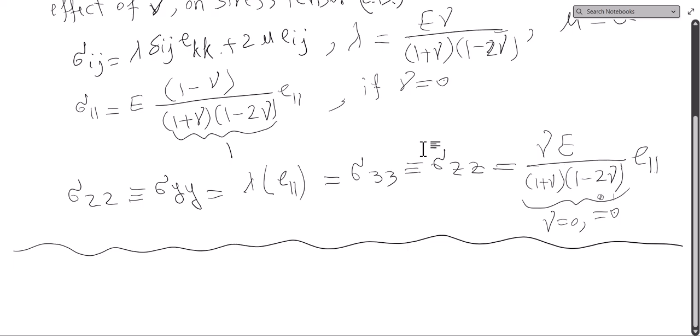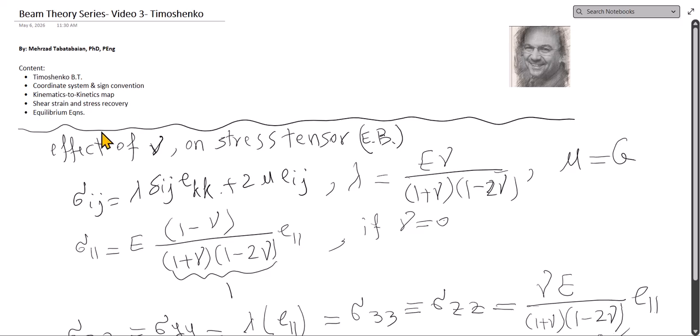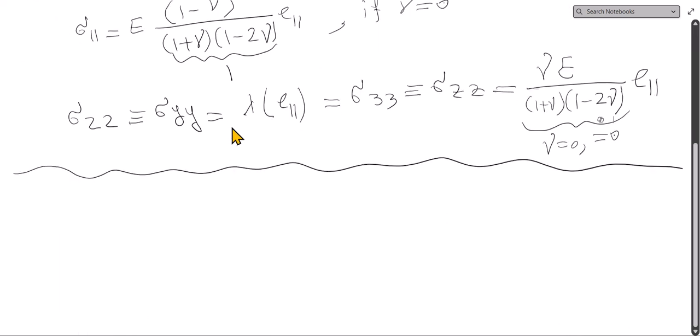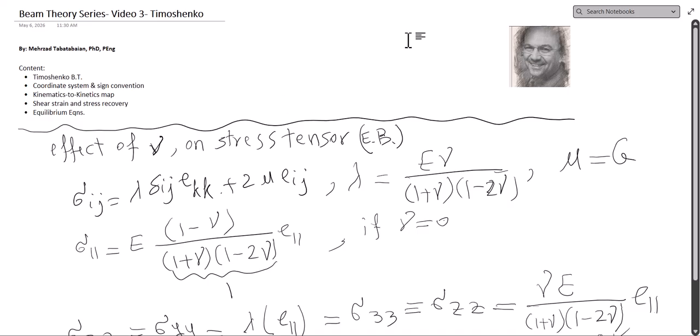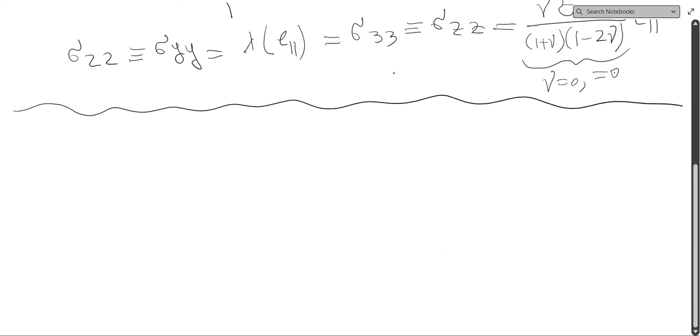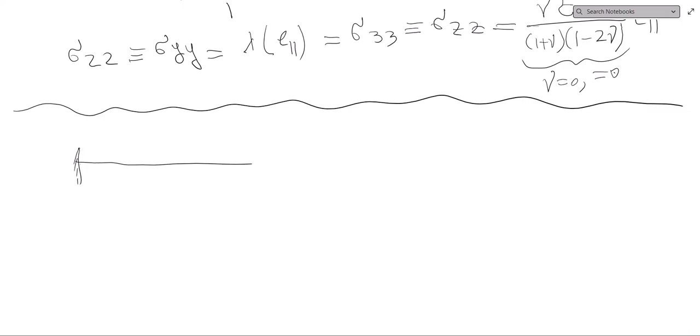Okay, so let's go to the Timoshenko beam now. If we look at the treatment that we had in the Euler-Bernoulli beam theory, we had a beam, let's say a cantilever; it doesn't matter what kind of boundary condition you have.